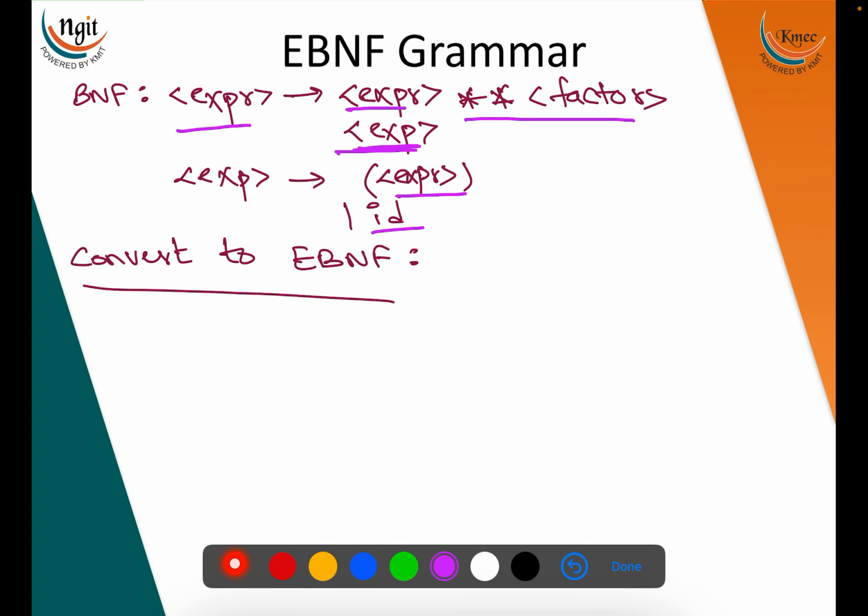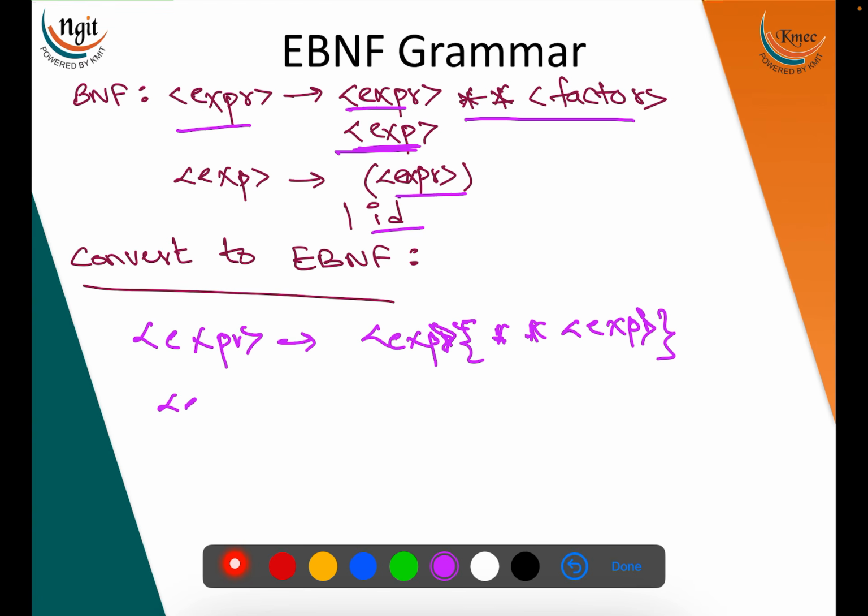Now this can be written as: expression derives, expression is common, expression is common, repetition in exponential and ID. So this is the EBNF.